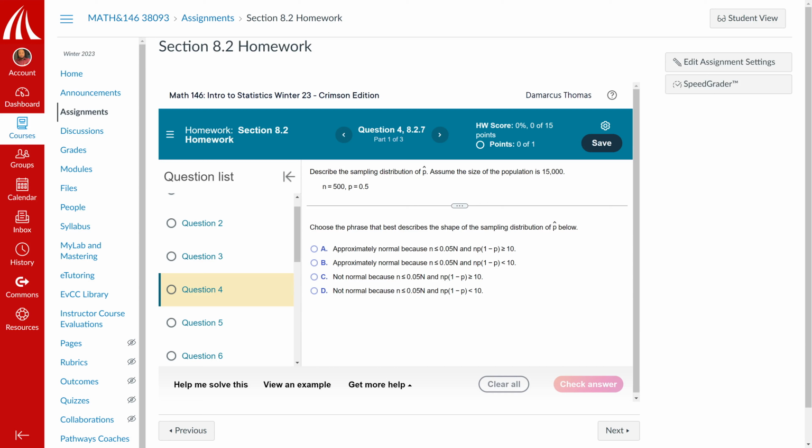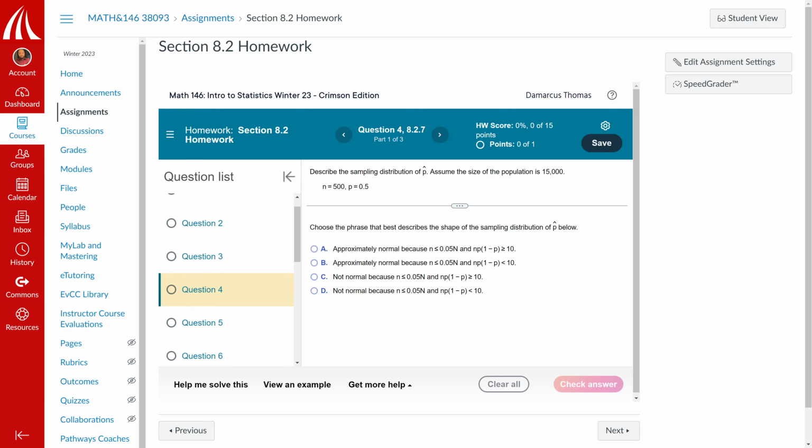Okay, here we go. We got a new video, and in this video we're going to be going over section 8.2, and this is where we calculate the probability from a sample proportion. So it's pretty interesting.